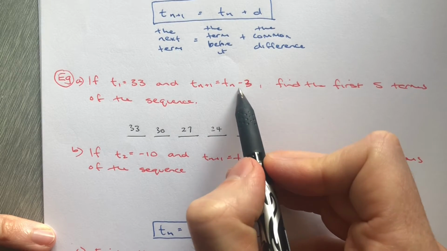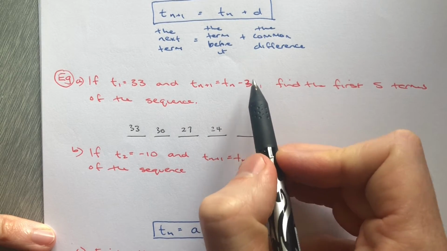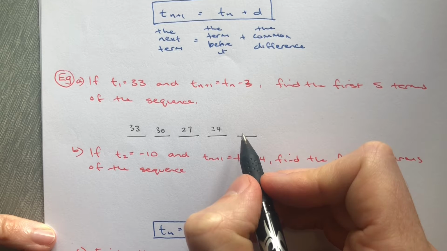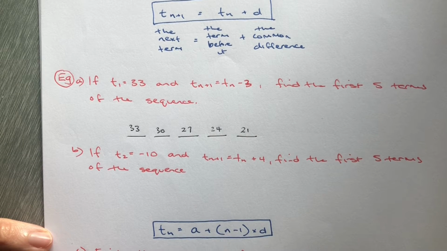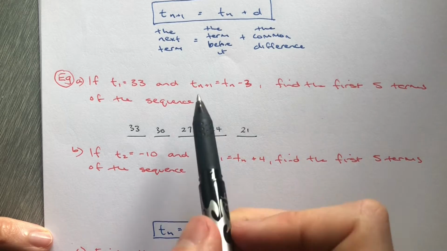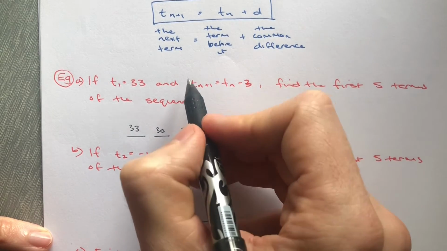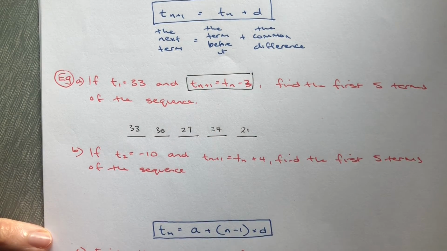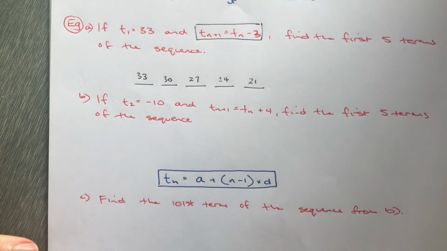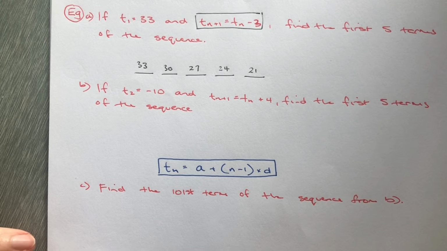So this bit here is telling us what our common difference is, minus 3. So the fifth term will be 21. And we're done. And we got all that information from reading this recurrence relation here.